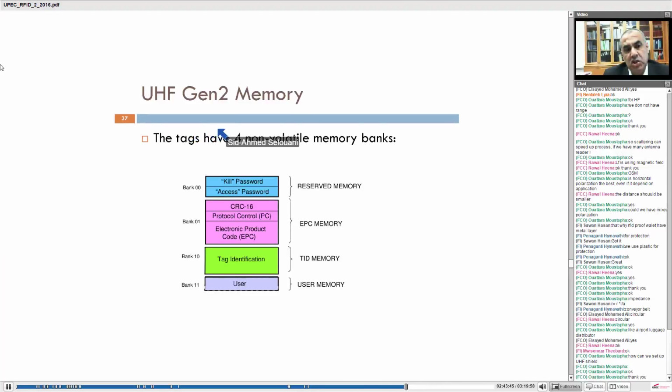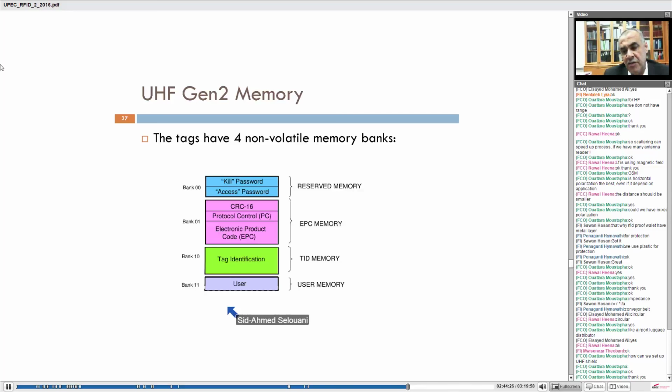What is the information inside the tag? Now, information inside the tag. All what we said is very important for your questions and your knowledge, okay? Inside the UHF tag, in the EPC Global Generation 2 standard for the UHF, for the memory inside the chip, there are 4 banks, 4 zones, 4 regions for the memory.